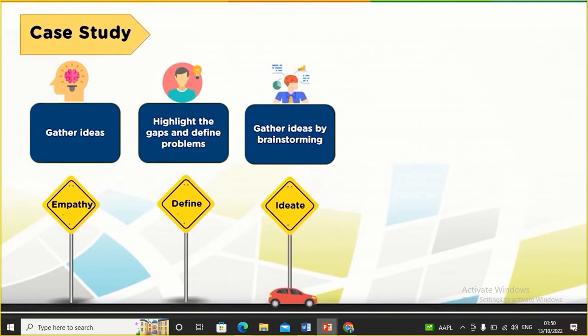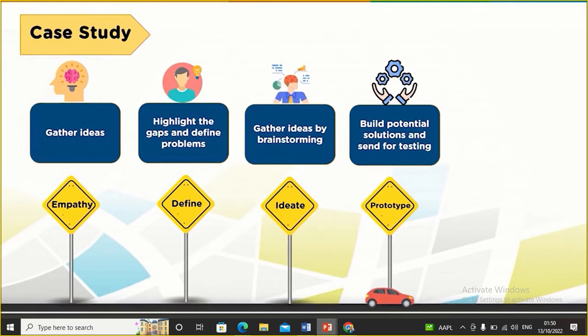Then with that problem definition, they performed the ideate process, which is the third step in the design thinking process, where the complete team, which comprises design thinking professionals, has a brainstorming session, they deliberate, they discuss, and they propose many alternative solutions. Then the most effective solution is selected by the team and the management.